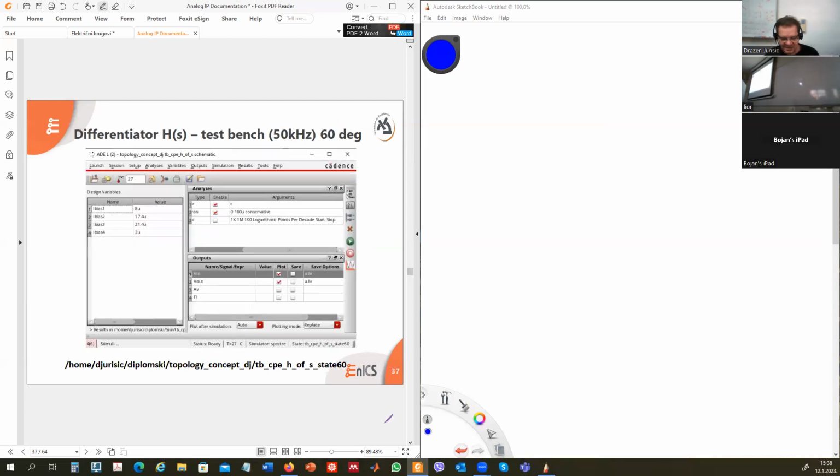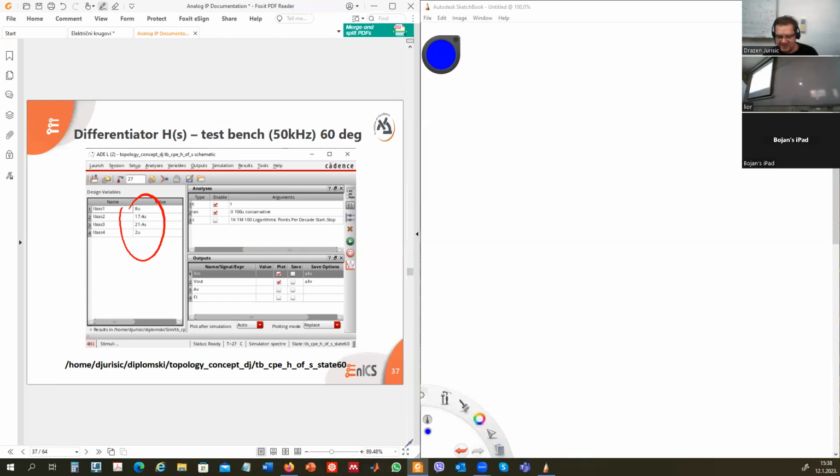And then for the 60 degrees, you change the what? Is there a fractional element in a simulator like Virtuoso, or maybe Multisim? I think it doesn't exist. It doesn't exist. You have to put a passive RC network.